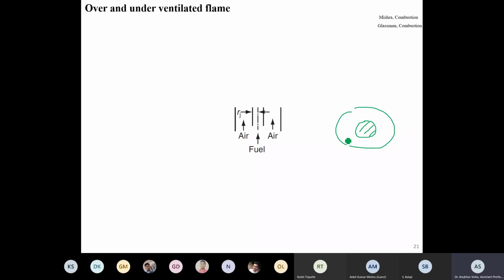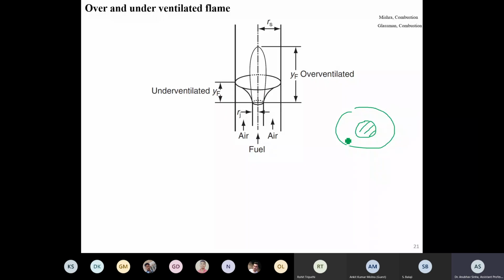In a similar way, we define flame ventilation. If you supply more air, more than enough air, we say this is over-ventilated, and the flame surface will look like this. If the flame is under-ventilated, it is not getting sufficient oxygen, and it comes out like this.